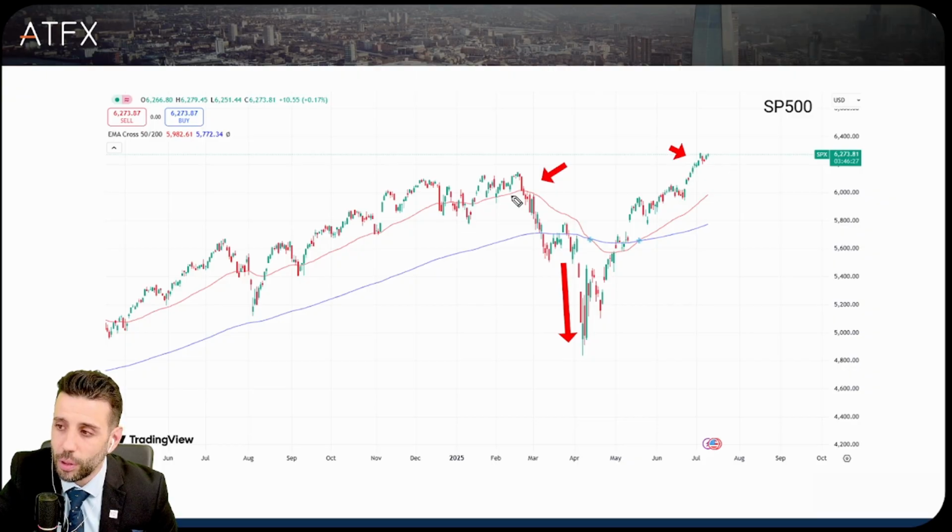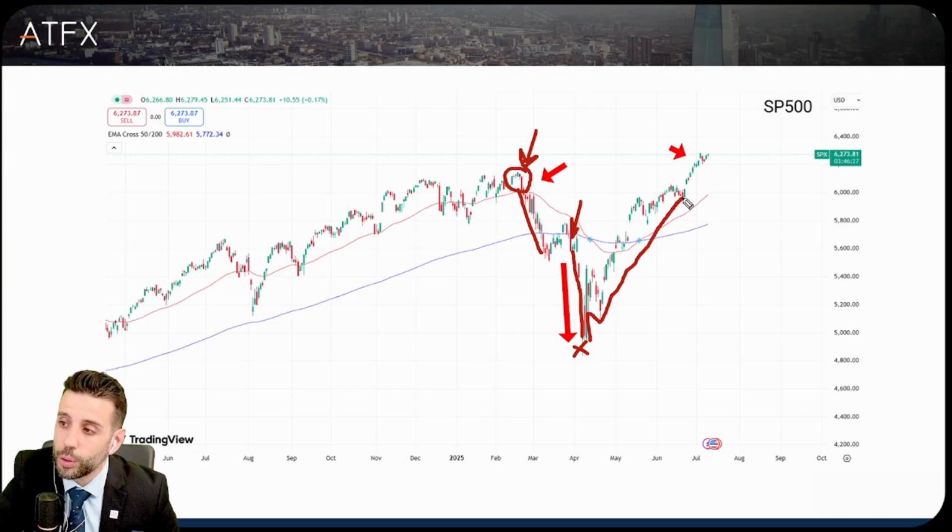It seems that Donald Trump doesn't want to take the step of applying the tariffs because he knows it's going to be a disaster for the global economy and for the US economy. Here's when he mentioned the tariffs for the first time, reciprocal tariffs. Here's when he actually put them in place. It was dropping, and at this point, he announced 90 days of pause, which recovered the market. Now, at this point is when we see that Wall Street doesn't believe anymore, in the S&P 500, the biggest equity index in the world.